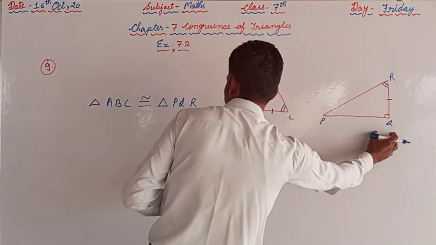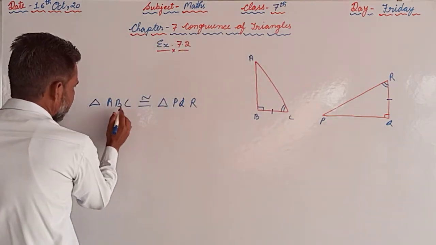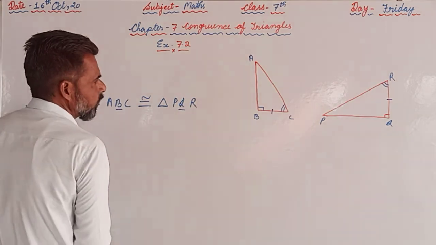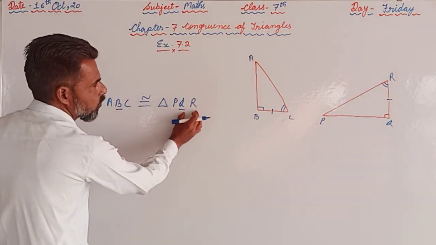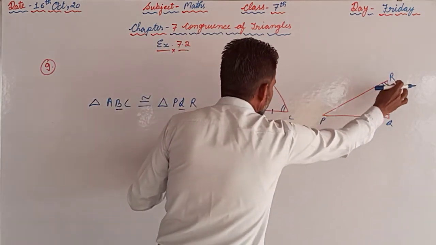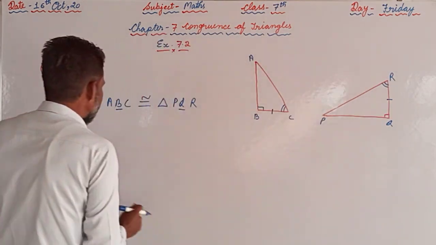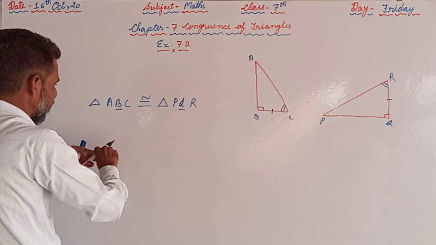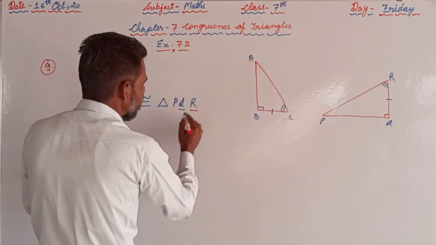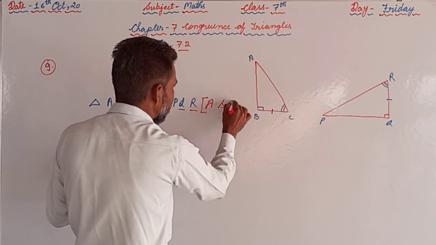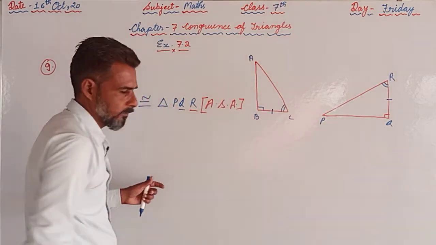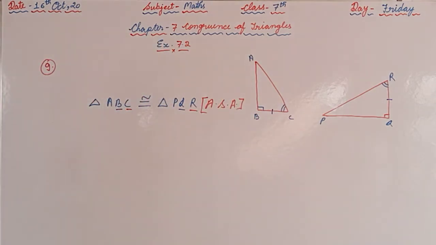Angle B is equal to angle Q, and BC is equal to QR, and angle C is equal to angle R. Angle C is there, and here angle R is there. The criteria we are supposed to mention is angle side angle. So like this we are supposed to proceed with the questions given in your exercise.